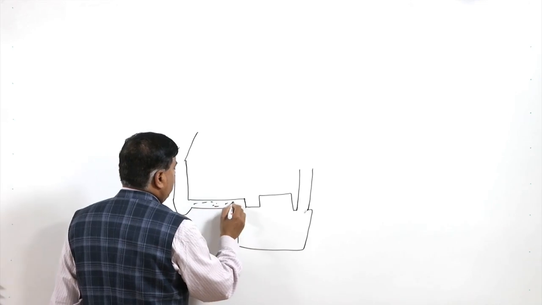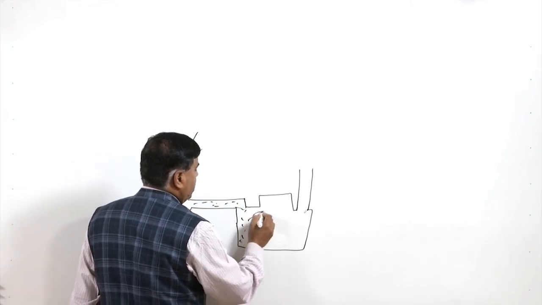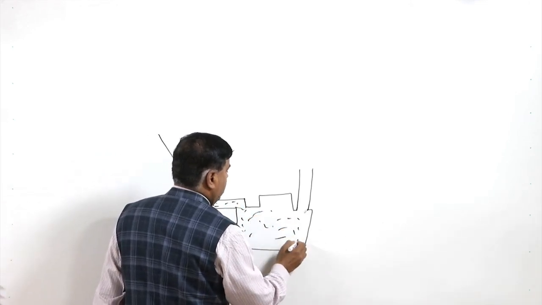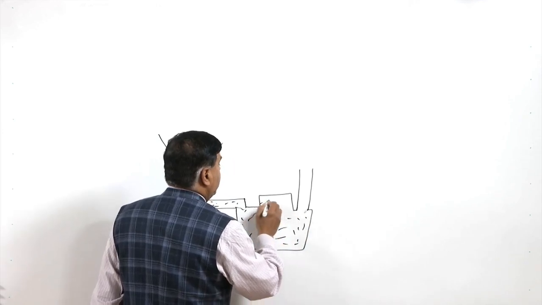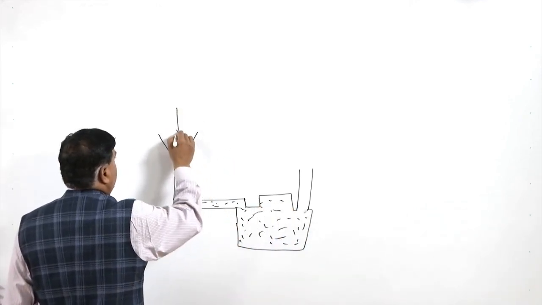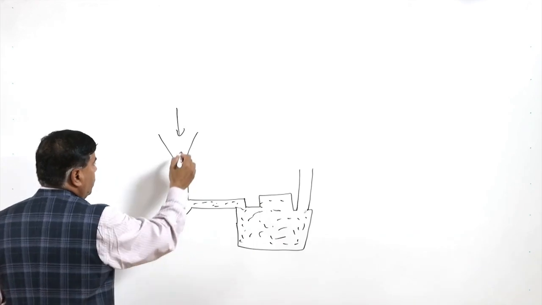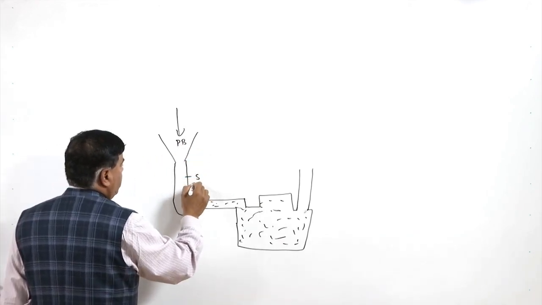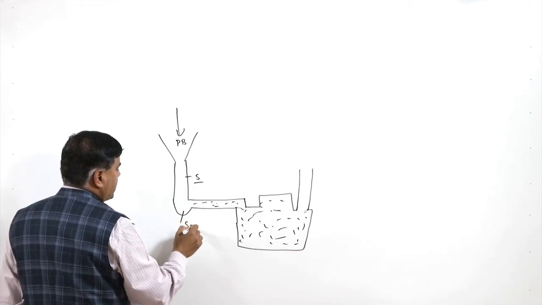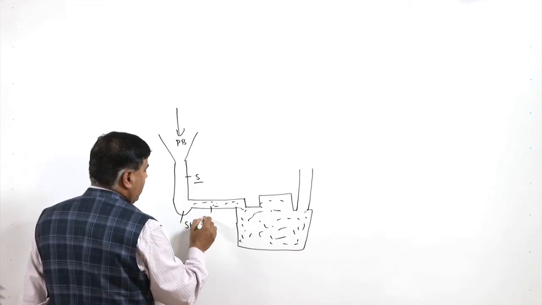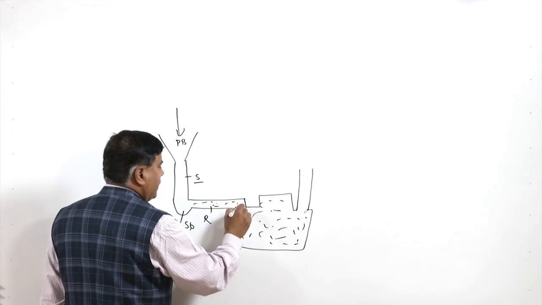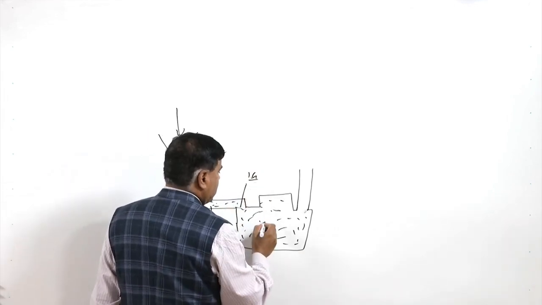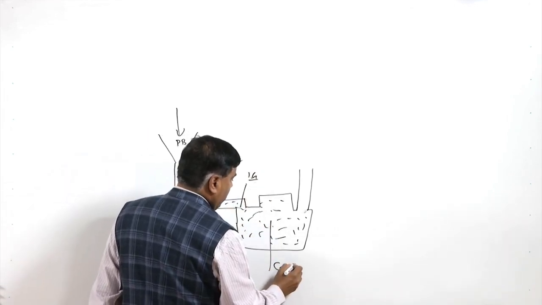The molten metal will be filled in by flowing through the gating system. From the ladle, molten metal is poured into the pouring basin, then it flows through the sprue, then the sprue base, then the runner, and then the ingate, and this is the cavity of the mold.